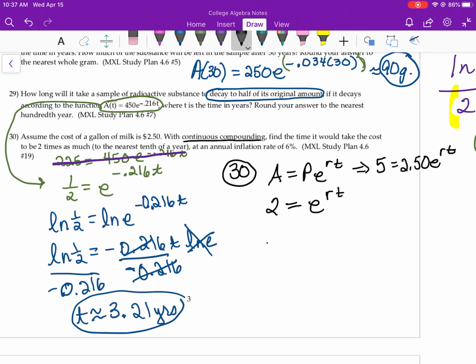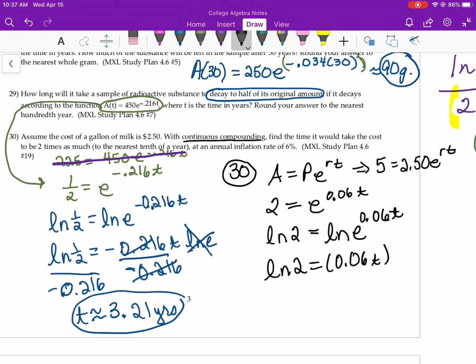And now we're going to take the natural log on both sides. Oops, I have forgotten to put in my interest rate, my inflation rate of 0.06. Let me do that real quick. Again, I'm going to be bringing that exponent down to the front. ln of e is 1, so ln of 2 divided by 0.06.